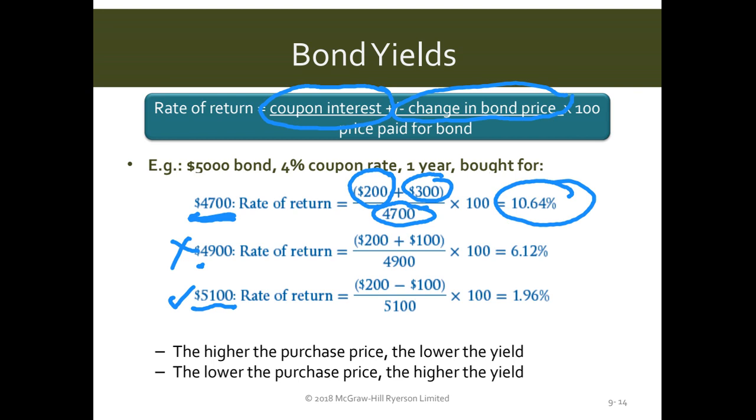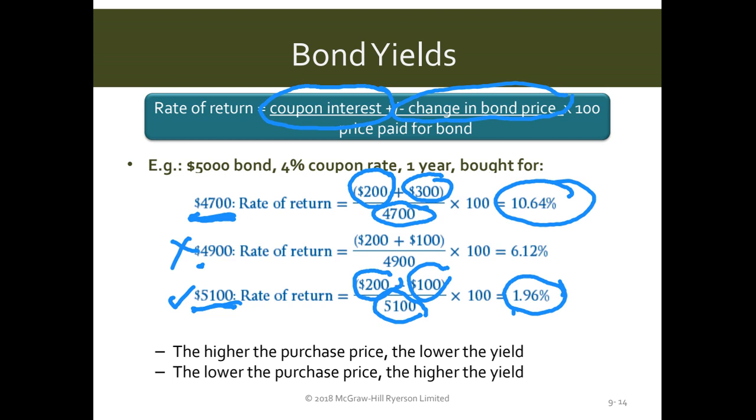And then I'm losing $100 because I will get only 5,000 at the time of redemption, but I actually paid 5,100. So 200 minus 100 divided by 5,100, the price that I paid, times 100, I will get 1.96% return, which is even lower than the coupon rate of 4%.